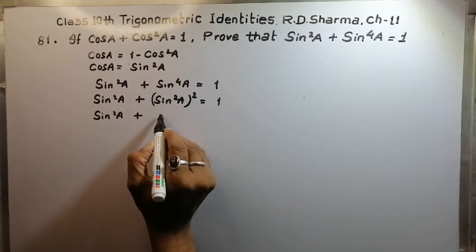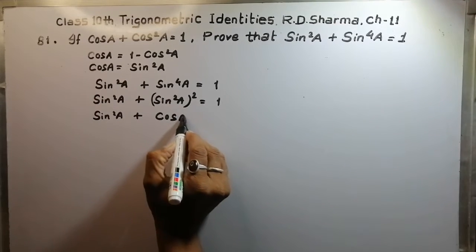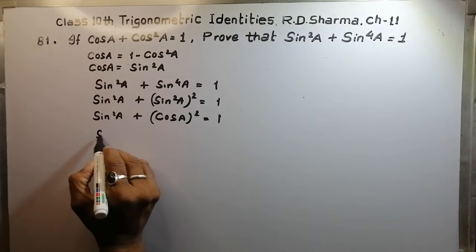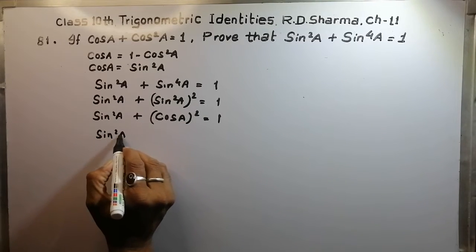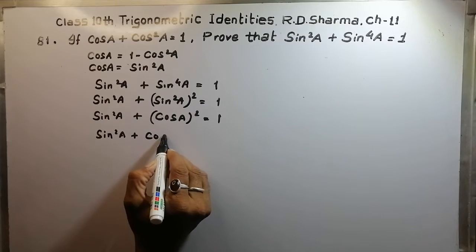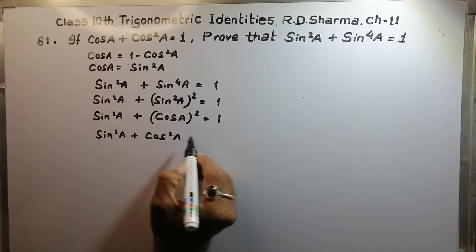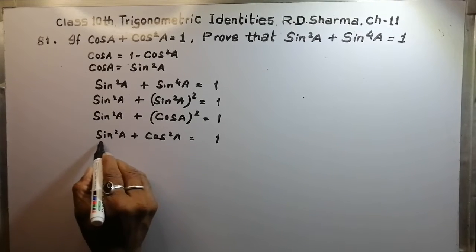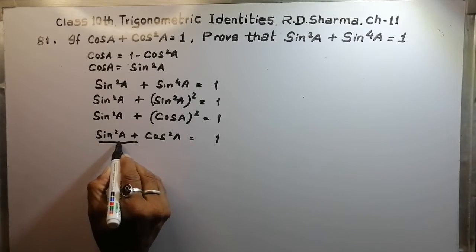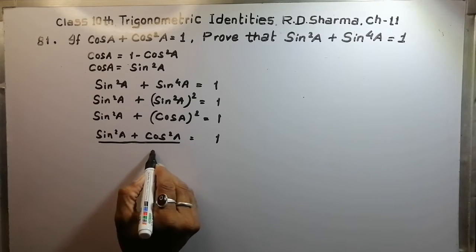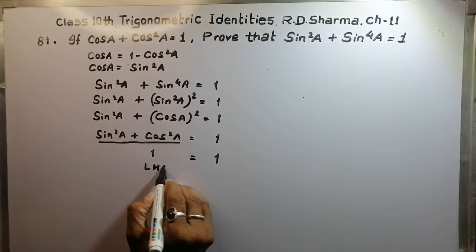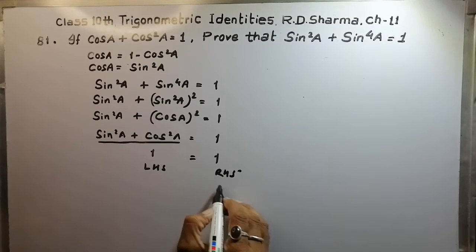We can write here cos a whole square is equal to 1. So here we get sin square a plus cos square a is equal to 1. We know that the value of sin square a plus cos square a is equal to 1, so here it is also 1. So left hand side is equal to right hand side.